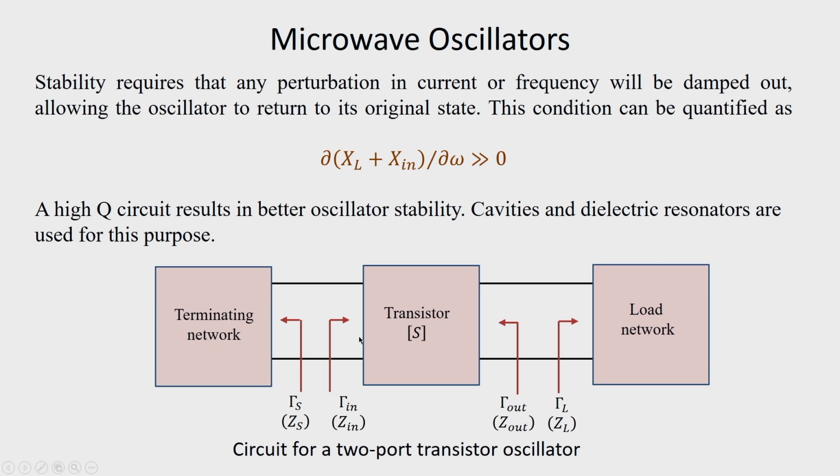Zin is the input impedance looking through these transistor ports, and the corresponding reflection coefficient is gamma in, and gamma s is the reflection coefficient looking into the terminating network. Similarly, gamma L is the reflection coefficient looking into the load network, and gamma out is the reflection coefficient looking through the output ports of the transistor.